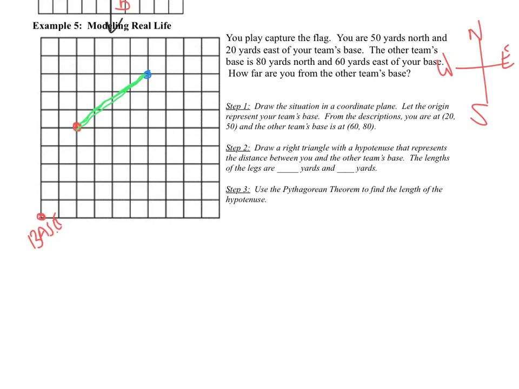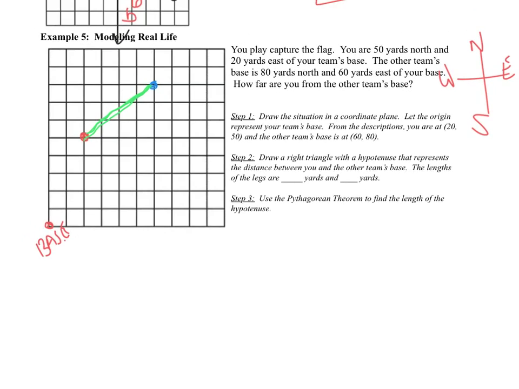So what we're going to do is use the idea that I can't just count boxes, but I can definitely use the Pythagorean theorem. So remember, Pythagorean theorem, a squared plus b squared equals c squared. So what I'm going to do is create the right triangle. If I come up 10, 20, 30, and over 10, 20, 30, 40, I've created that right triangle.